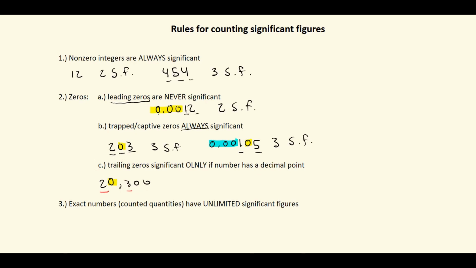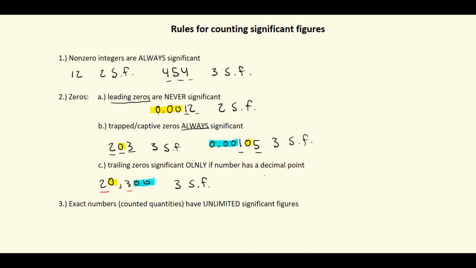But we also have these trailing zeros, and the rule says that if we have trailing zeros, they're only significant if it has a decimal point. So this number does not have a decimal point, so those trailing zeros are not significant. So in this case, we have 2 integers, 1 trapped zero, so we have 3 significant figures.